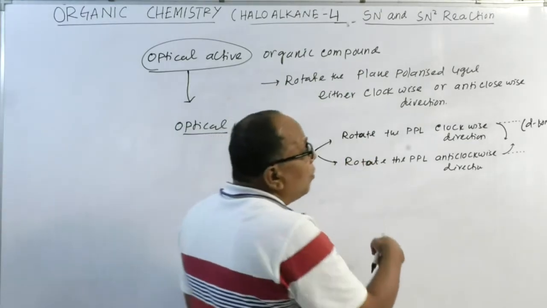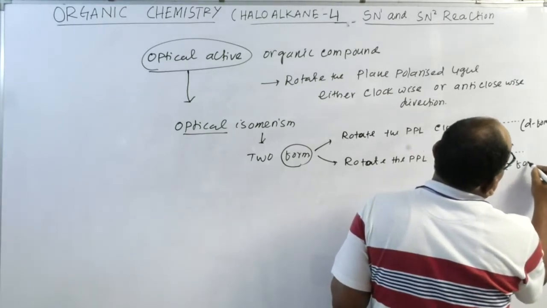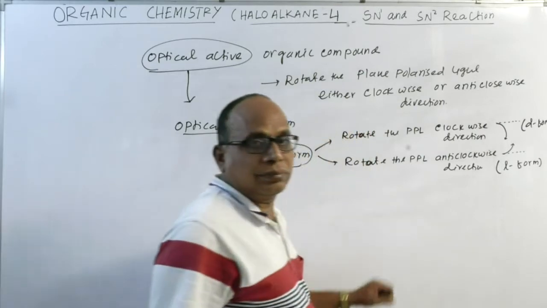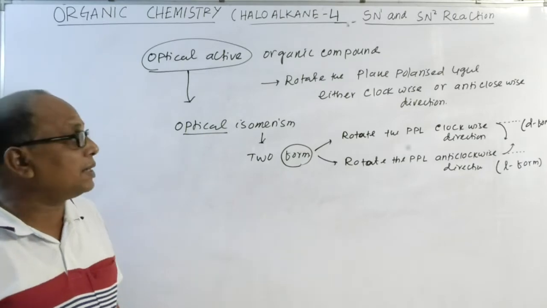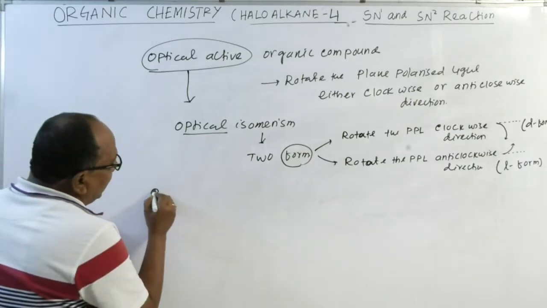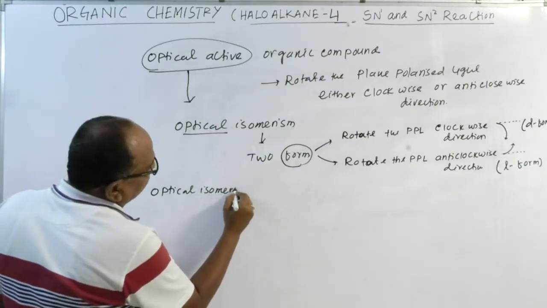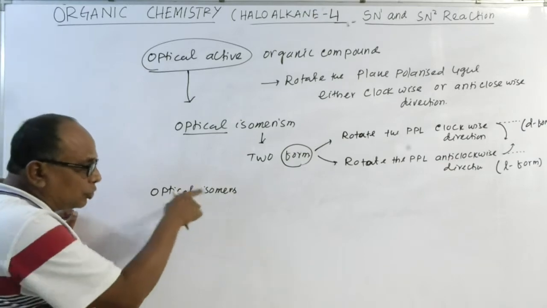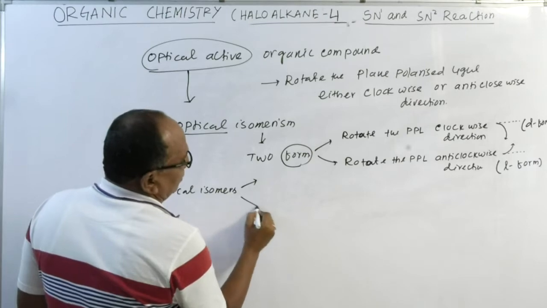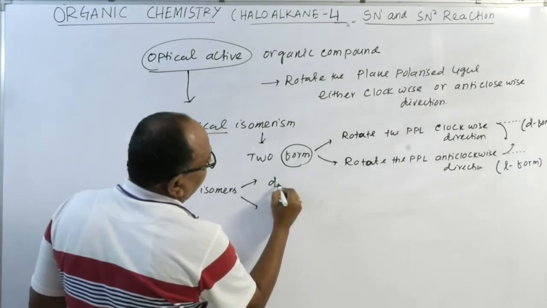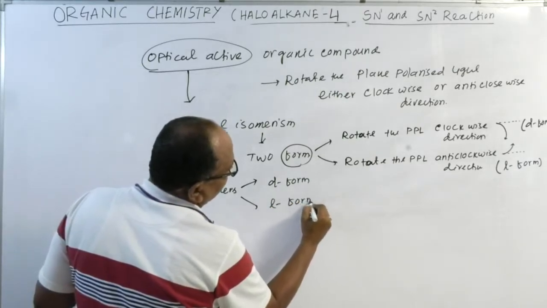And the form which rotates the plane polarized light in an anti-clockwise direction is called the L form. Okay, students? So optical isomers means structures or forms, one is called the D form and the other is called the L form.